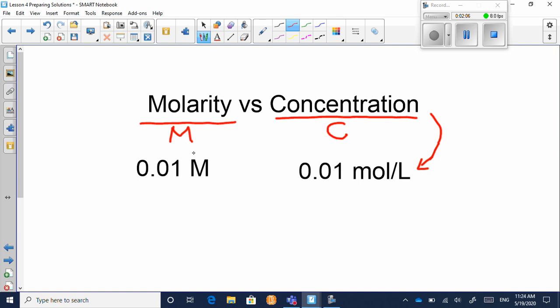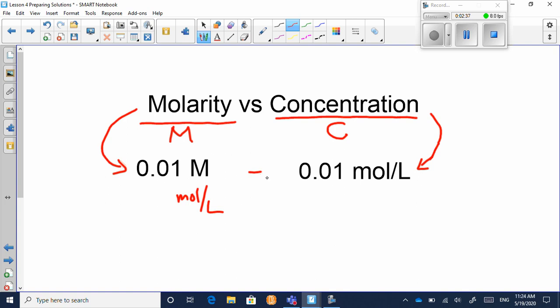So technically, the molarity would be given as 0.01 M. Now, you can see why this would be confusing in our textbook, because we use capital M to represent the molar mass. But I want you to know that if you ever see a capital M relating to solutions, it does in fact mean moles per liter.